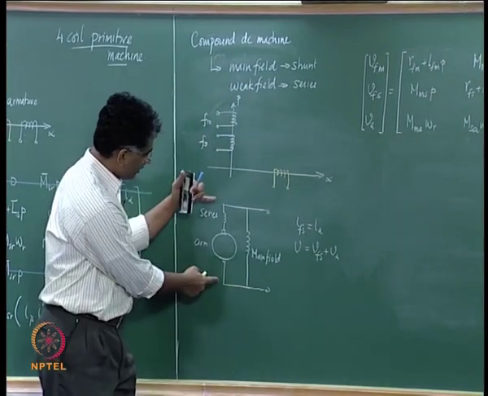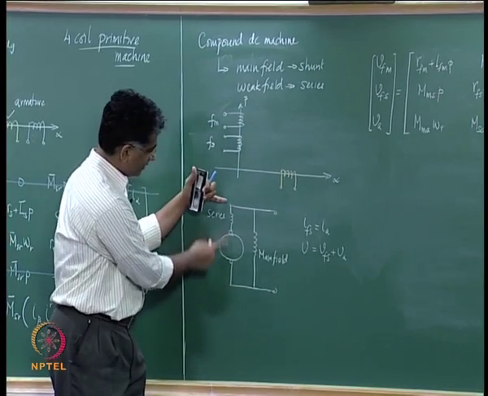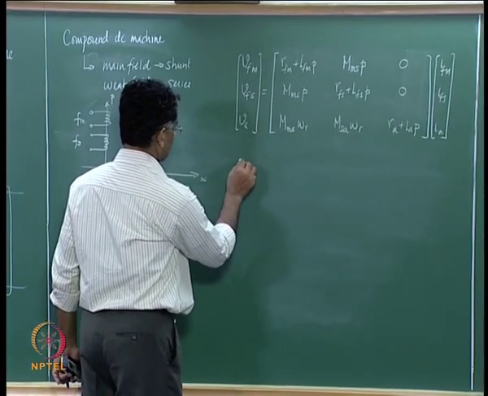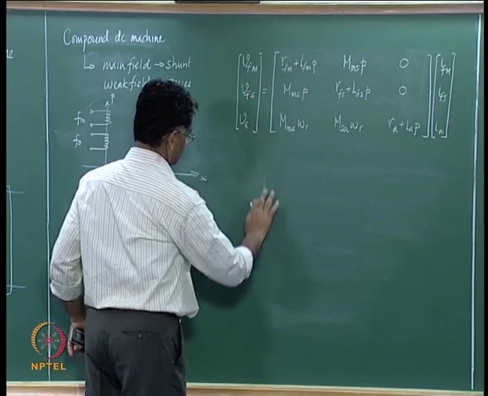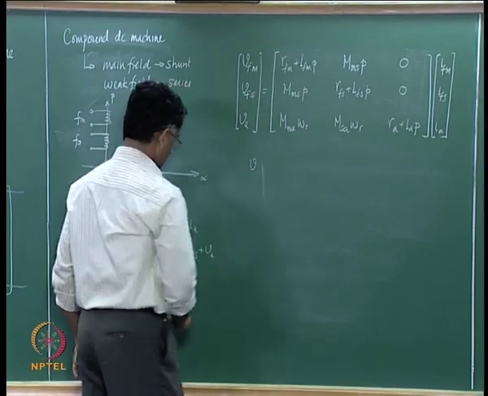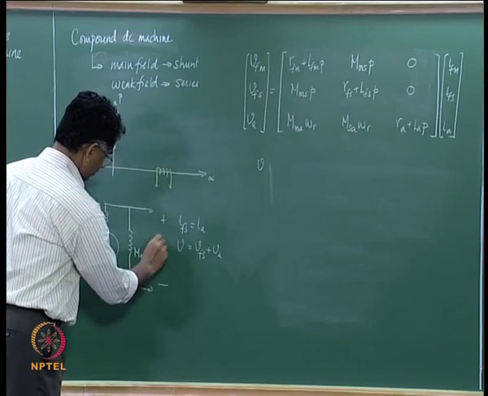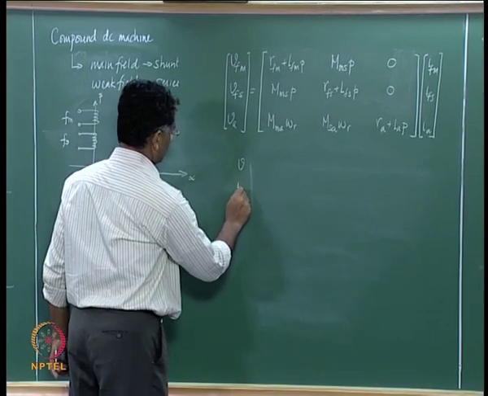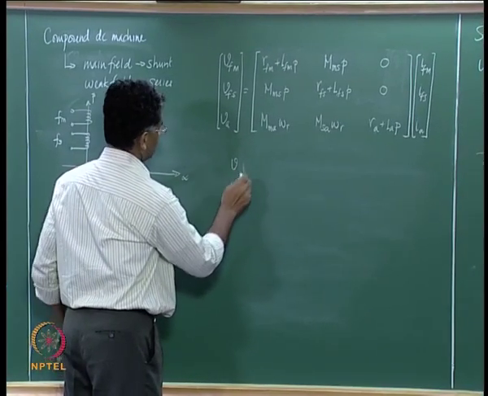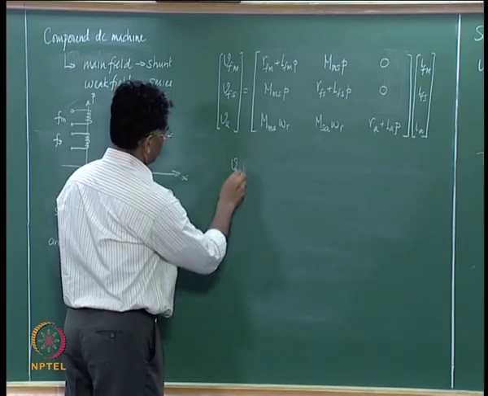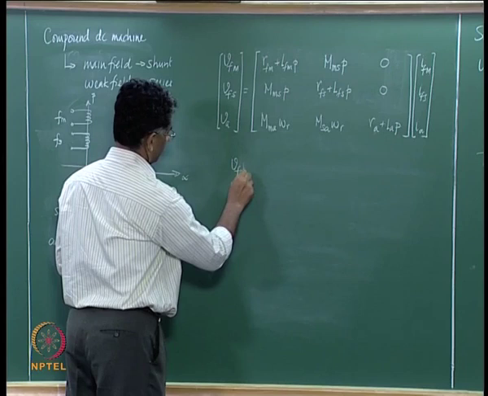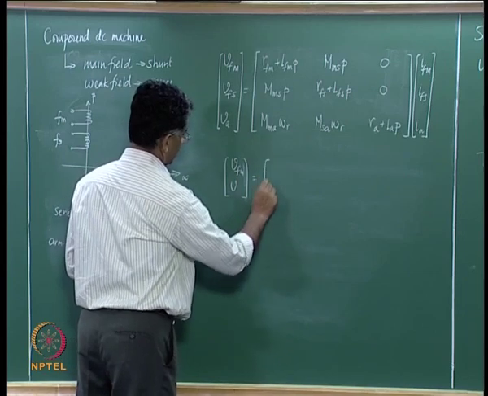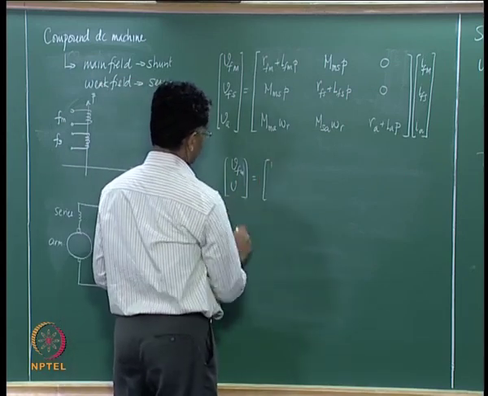therefore you can get two equations, one for this main field, one for this entire set, and therefore we can say that V is the total applied voltage. Let us call this applied voltage as V. Then you have V and VA, let us call VFM and V. This is nothing but VFM is the same as this.